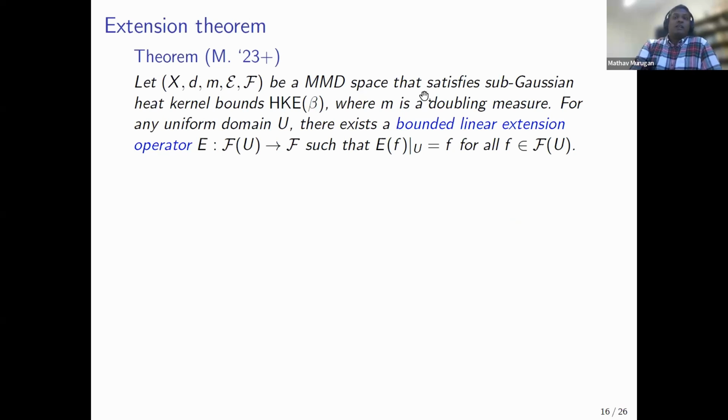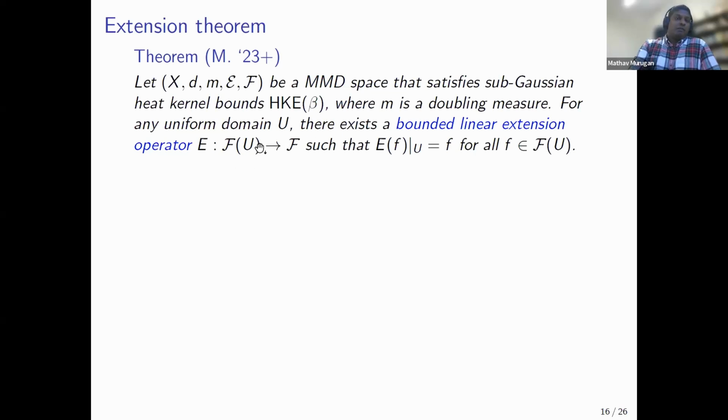We have some diffusion that satisfies sub-Gaussian heat kernel bounds with some walk dimension or exit time exponent beta. And for any uniform domain U, there is a bounded linear operator. It's an extension operator in the sense that it sends functions defined in U in this local Sobolev space to functions defined in the whole space F.